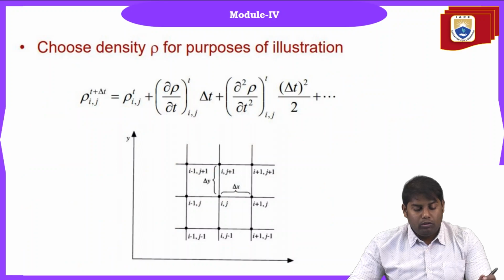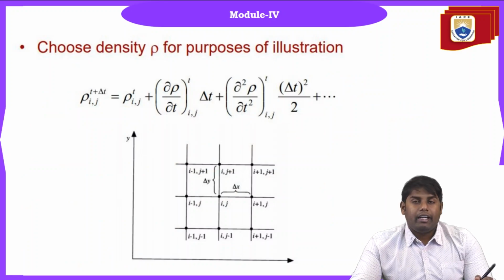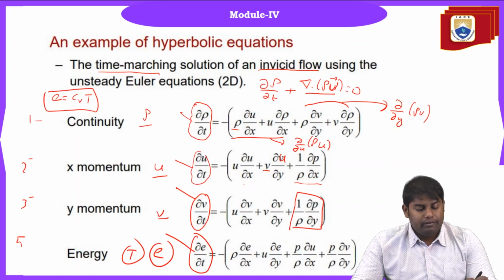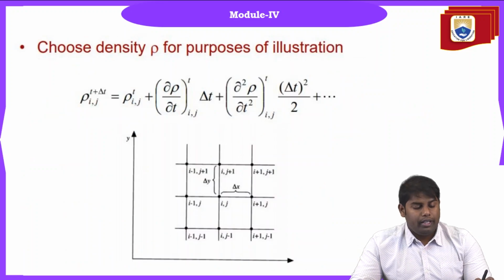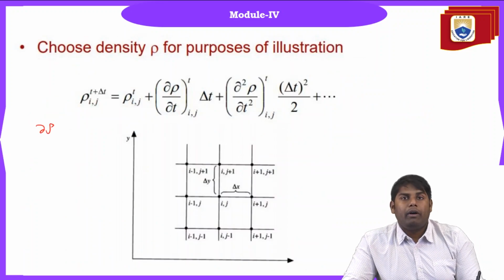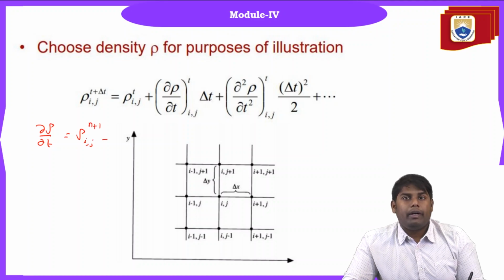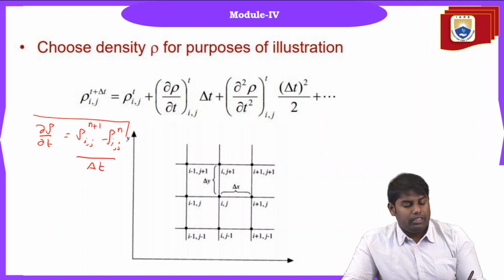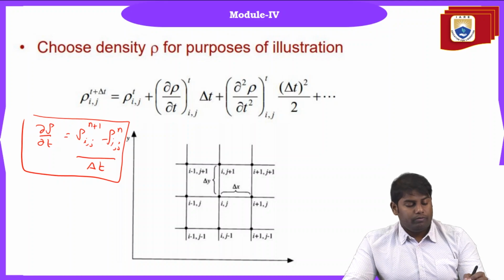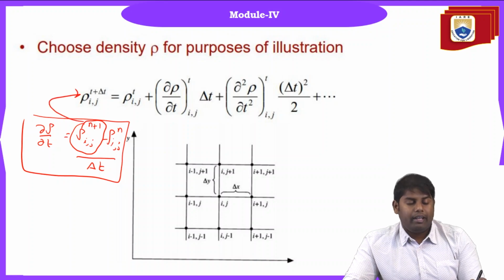Okay. Now let us take the density term. Here when I say ∂ρ/∂t, I say that this is ρ of i,j to the power of n+1 minus ρ of i,j to the power of n divided by Δt. Fine. Here you can see this term is the unknown term, which we are deriving using the Taylor series expansion.